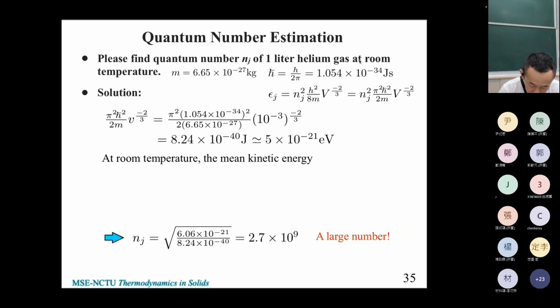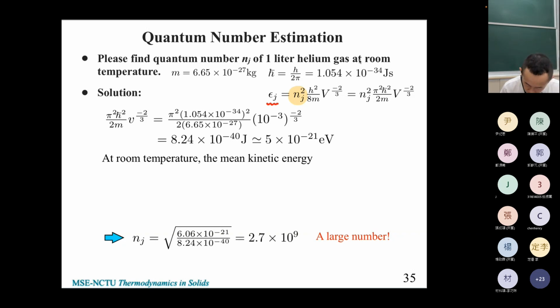Quantum number here. You can see that here this is epsilon j, right? The purpose of this question is to determine nj, right?